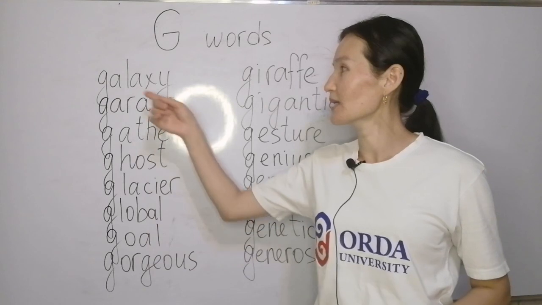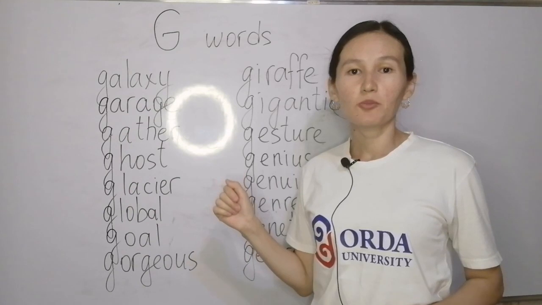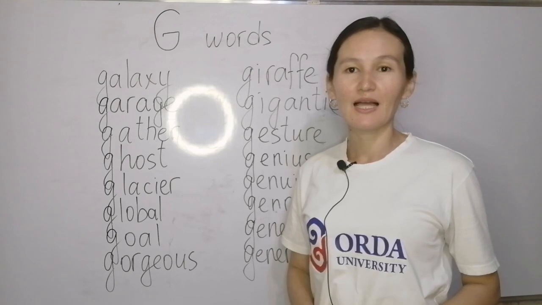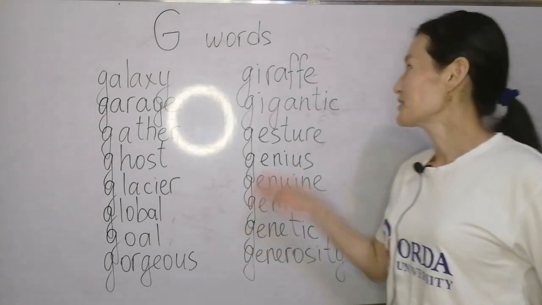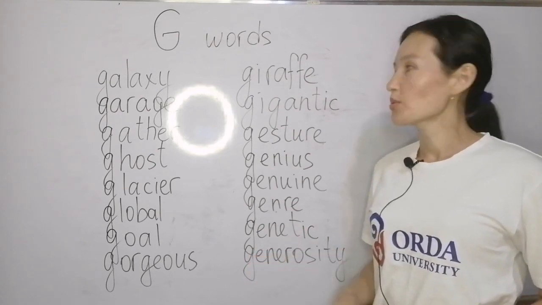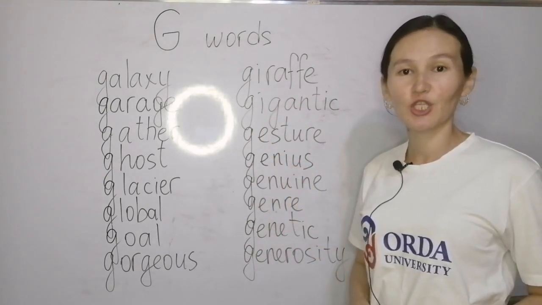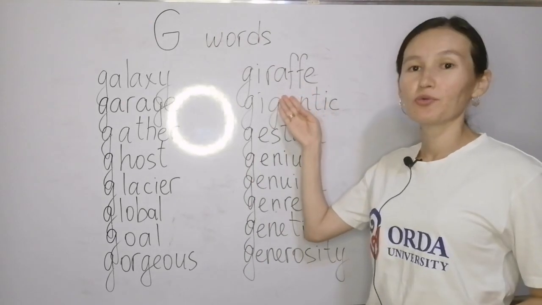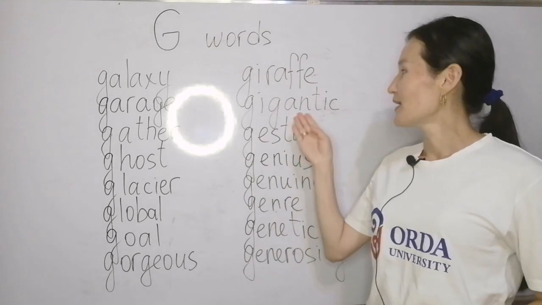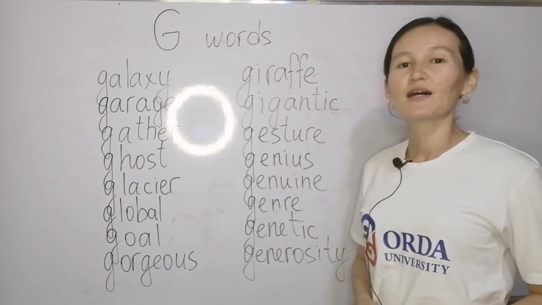Okay. As you've noticed, the first letter in all these words is pronounced like G. Now let's take a look at the second row. So in this case, the words also start with the letter G and it is pronounced like J. Giraffe.